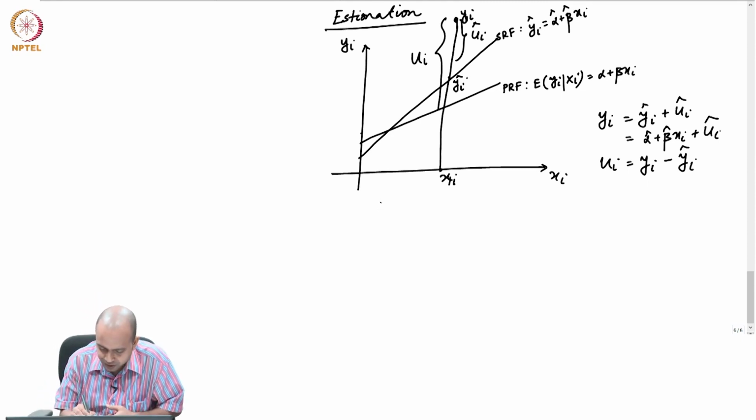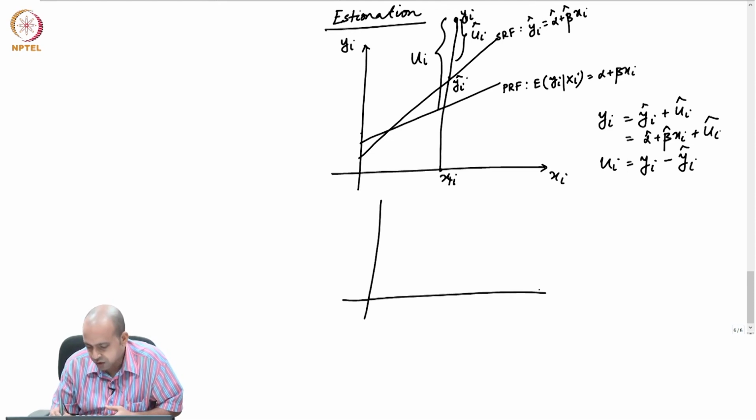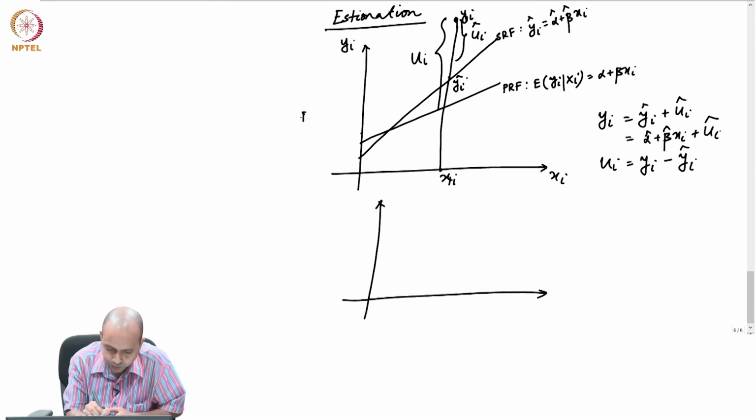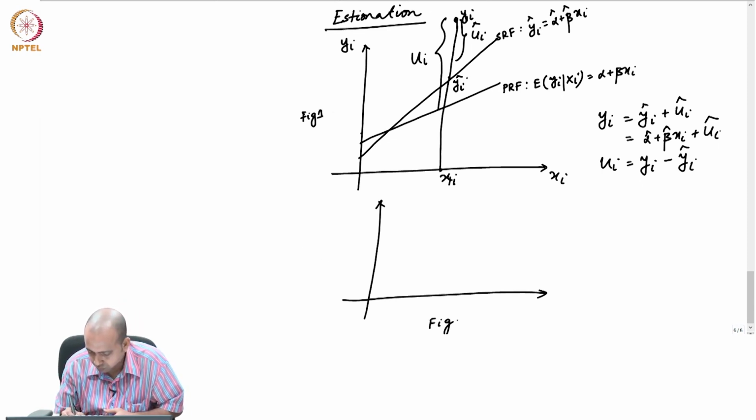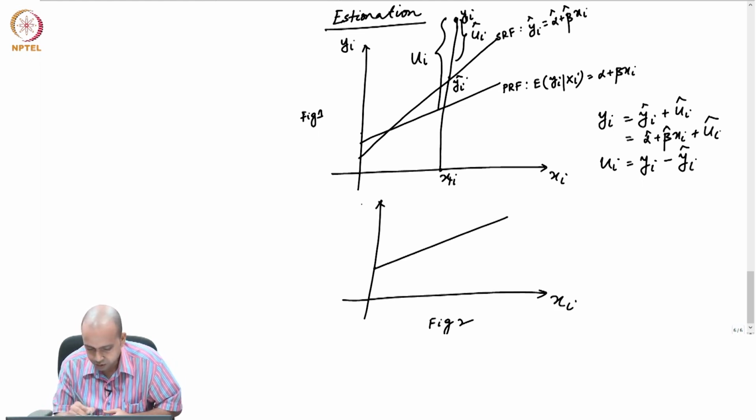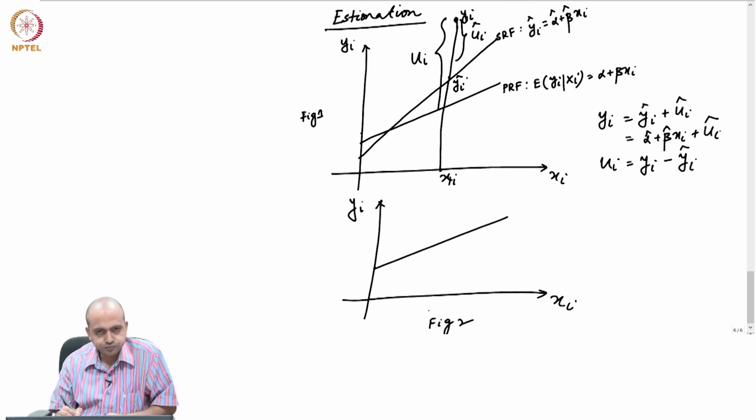See, if we specify a line once again, this is xi, this is yi, this is figure 1, let us say this is figure 2, this is xi, this is yi. Okay. So, for any given value of xi, what will happen?